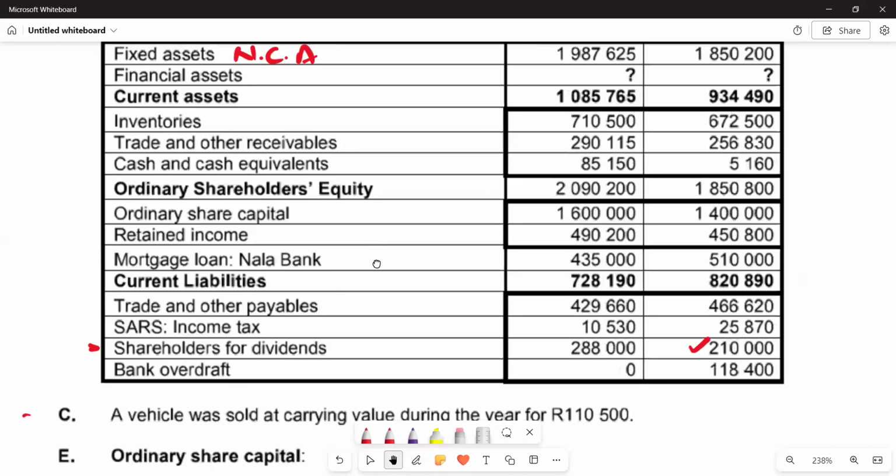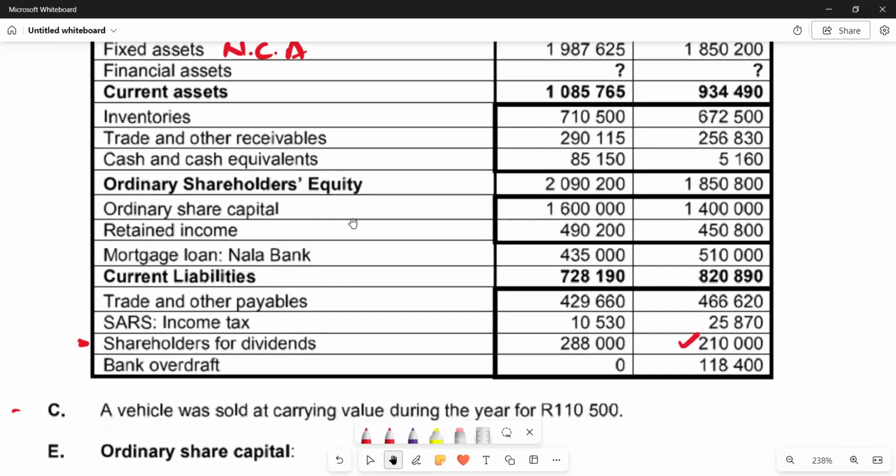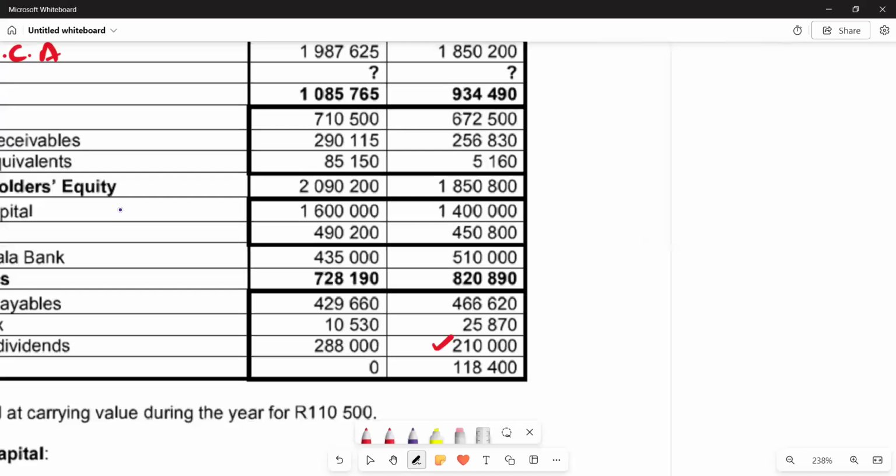Our closing balance is 85,150. Remember, we're saying closing balance minus opening balance, isn't it?